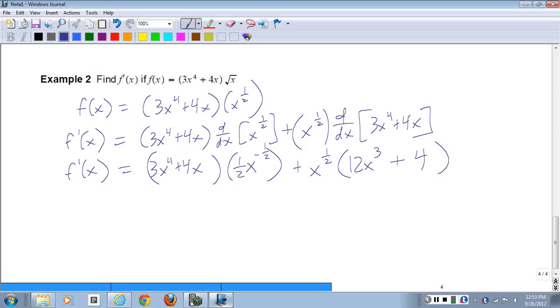I see a common factor of x there and there. And I think I would like to factor out that x before we do anything else. So f prime of x equals... we could factor out a 4 there.